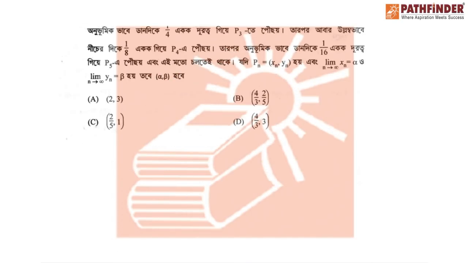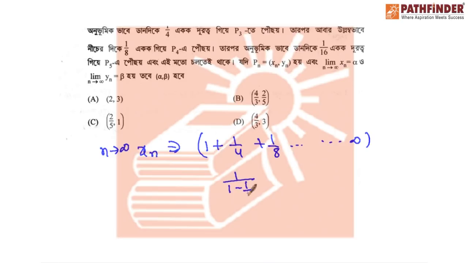So basically, if you look at the x-axis, then xn is 1 plus 1 by 4 plus 1 by 8 and so on. As n tends to infinity, this is the sum of a GP. So this is equal to 1 by 1 minus 1 by 4, or 1 by 3 by 4, or 4 by 3.